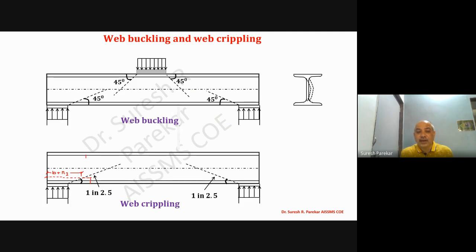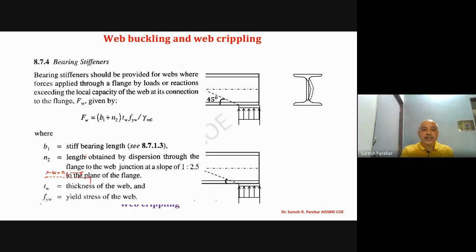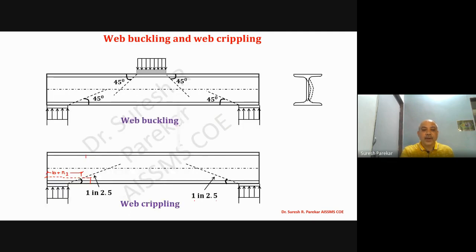At the junction of flange and web we have to find this value, and this will be B plus N2. The slope we have is 1 in 2.5. This is my web crippling, and you have seen the clause number, we have 8.7.4. So you can write over here the clause number 8.7.4. So this is the third part of your sheet, and then we have the last part. Here you can see this is at the junction where my root radius completes.